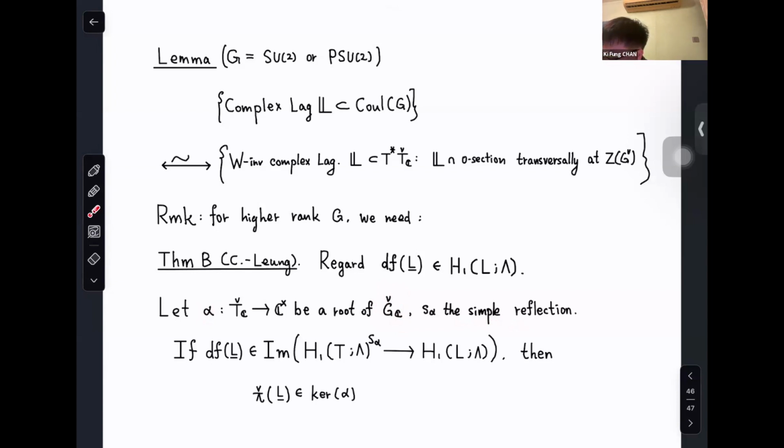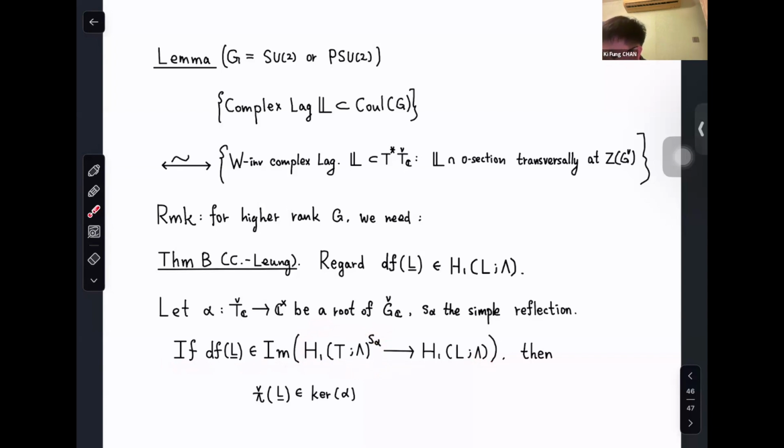There is a homomorphism from the homology of T to the homology of L. This is because T is acting on L, so the orbit map induces a homomorphism in homology. The theorem says: suppose DF is contained in the image of the subspace of the first homology of T fixed by the simple reflection s_alpha.